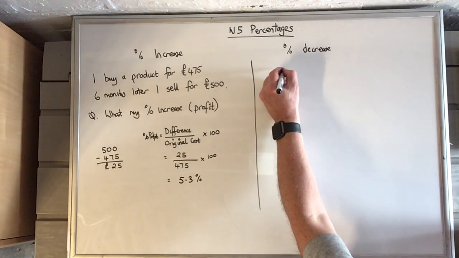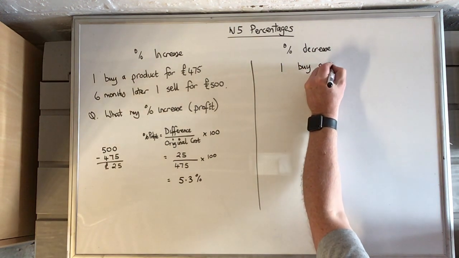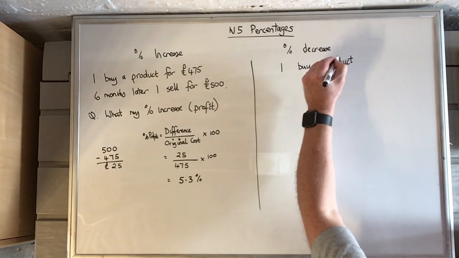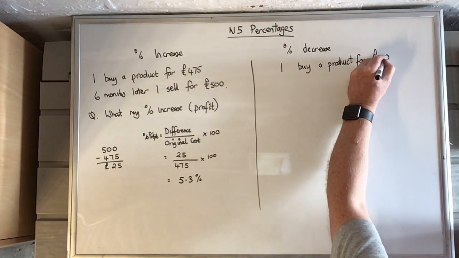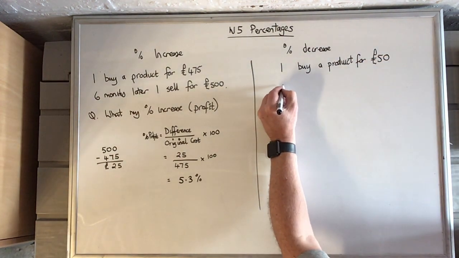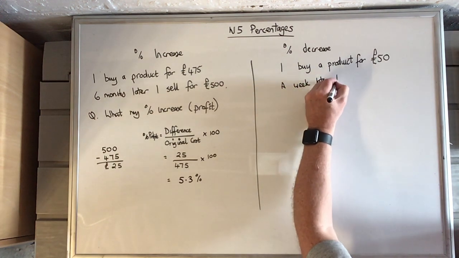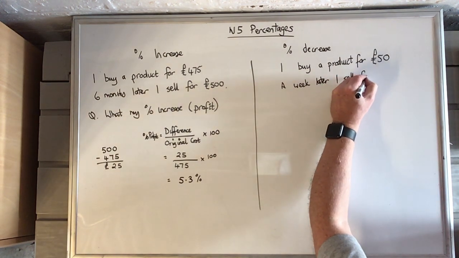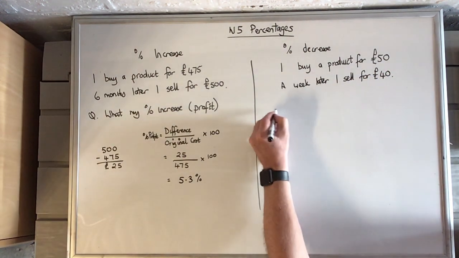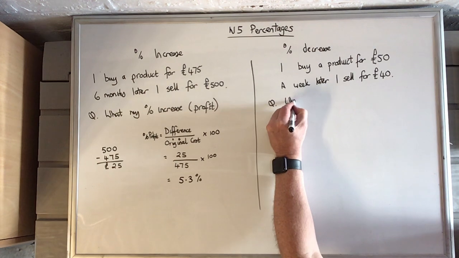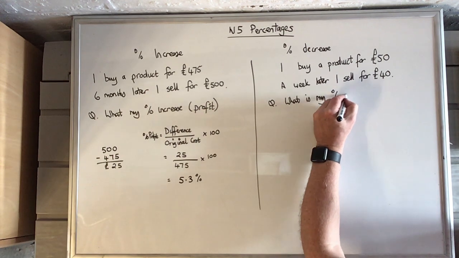Again, I'll keep it very basic and buy a product for, let's keep the numbers easy, £50. A week later, I sell it for £40. Question: what is my percentage decrease?